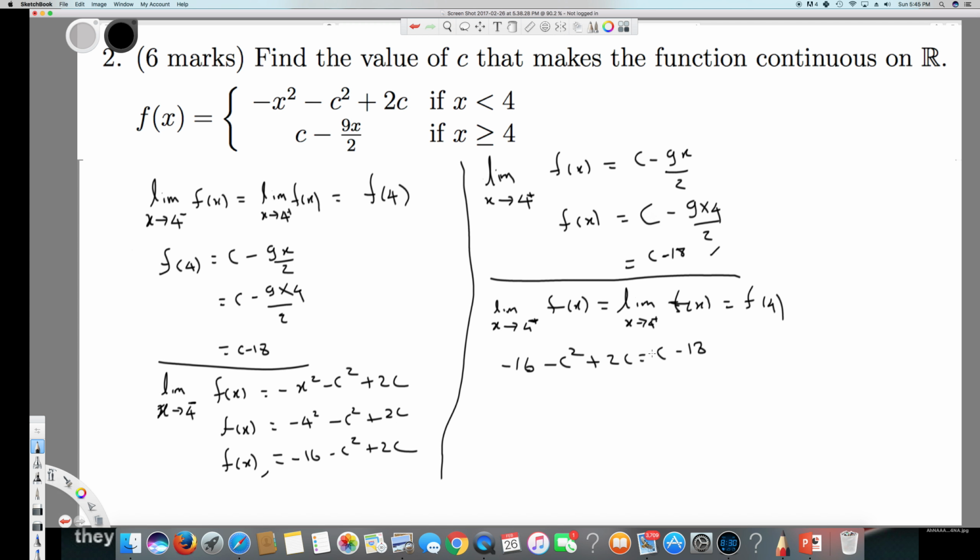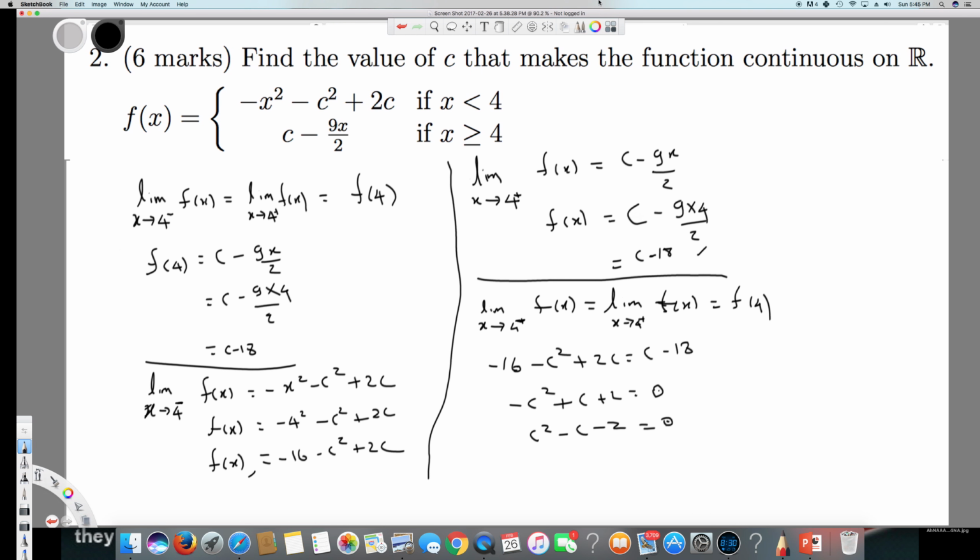Starting from the c squared: minus c squared plus 2c, and this becomes minus, so 2c minus c is going to be plus c, and 18 minus 16 is going to be plus 2, which is equal to 0. I'd like to keep the leading term positive, so if I multiply everything by negative 1, it's going to be c squared minus c minus 2 is equal to 0.